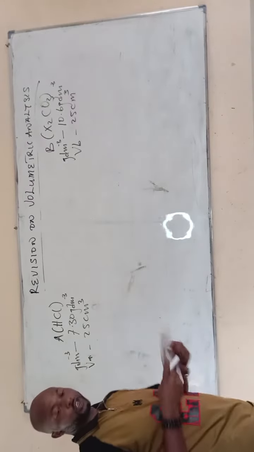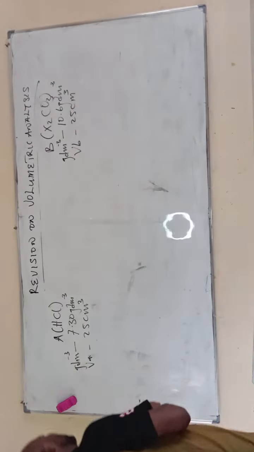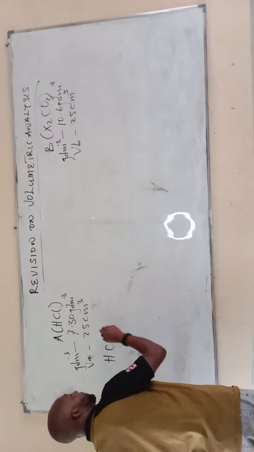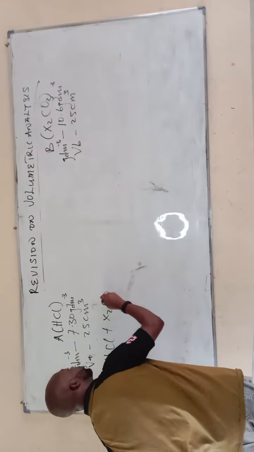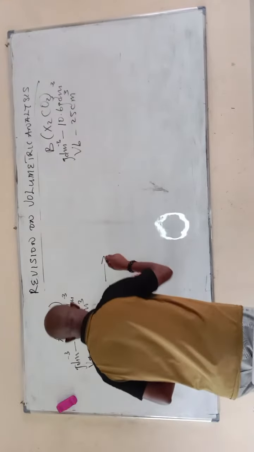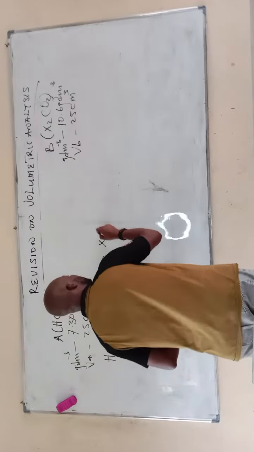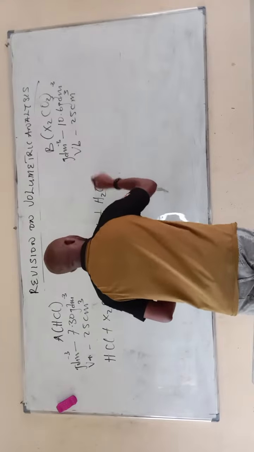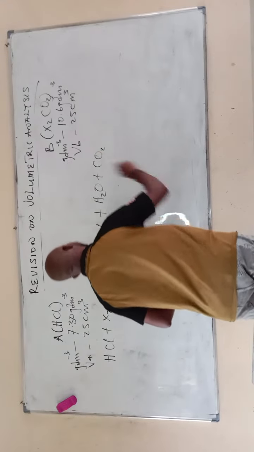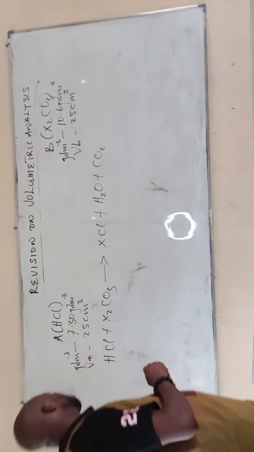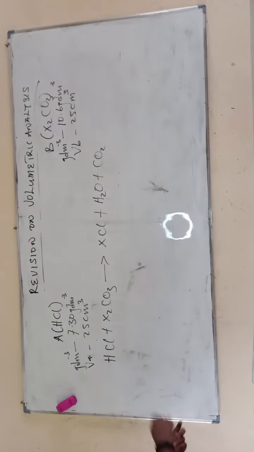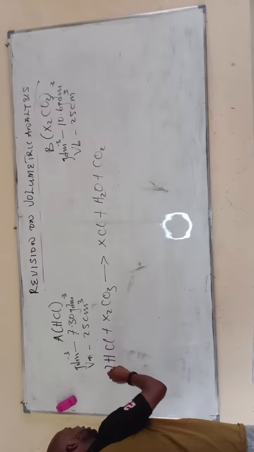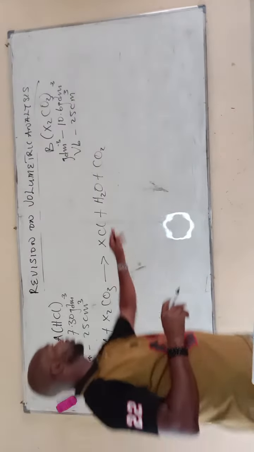Let's balance the equation first. We have HCl plus X2CO3, we are getting X chloride plus water plus CO2. Now we balance. We have 2 hydrogen on one side, 1 hydrogen on the other. So if I have 2 here, my hydrogen is balanced.